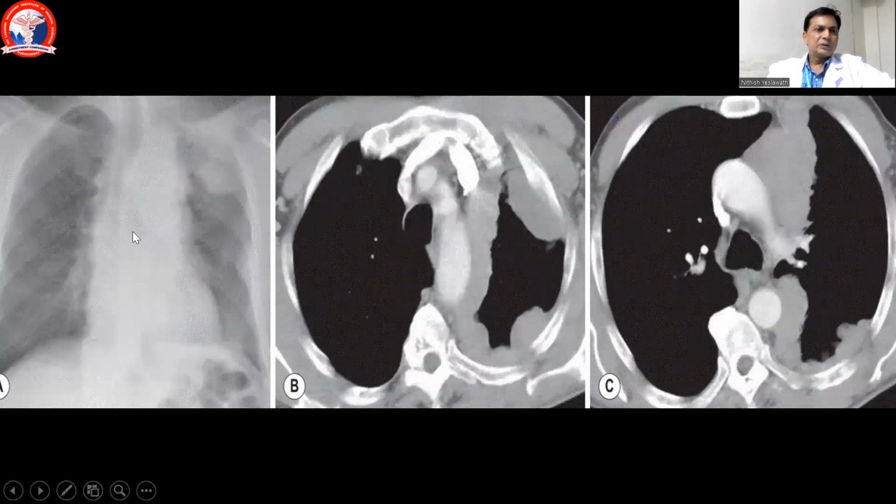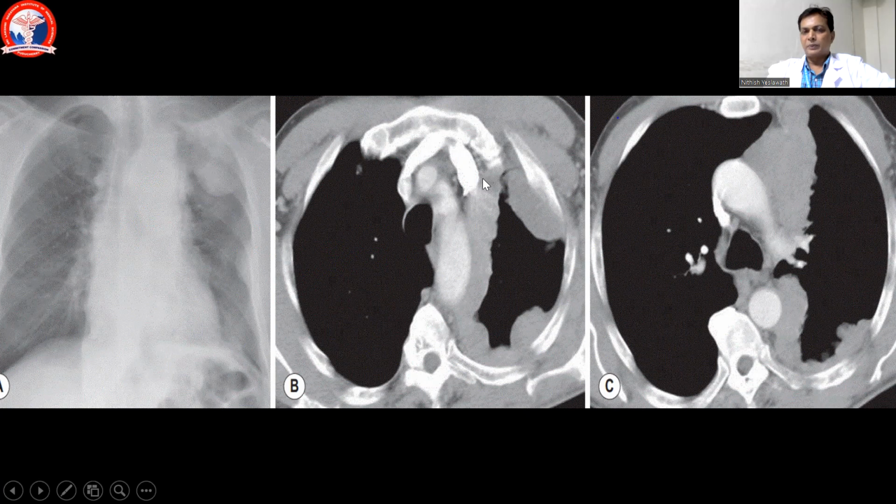Here we see a dense area along the left upper mediastinum, and subpleural lobulated soft tissue is also seen in the left apical region, as well as along the pleura.